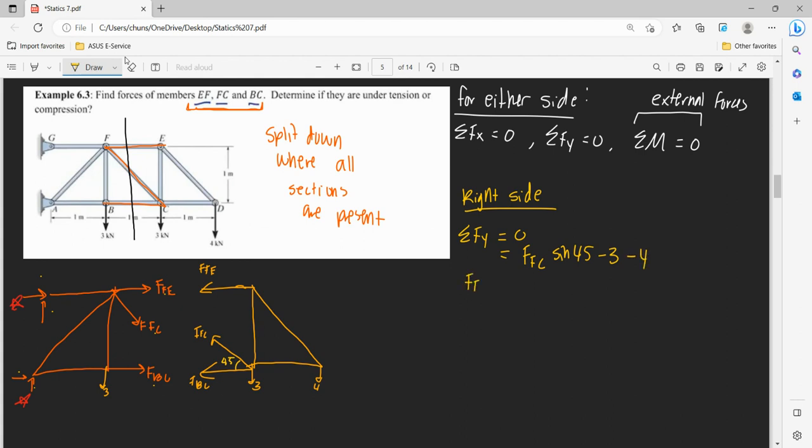And we could solve for our F_FC right here, so we can solve for our first one. So this is equal to 7 divided by sine 45, which is equal to 9.89, and this is positive, so it's under tension. So the initial direction that we assumed, where it's under tension, is correct.